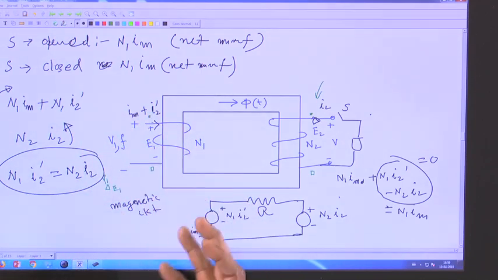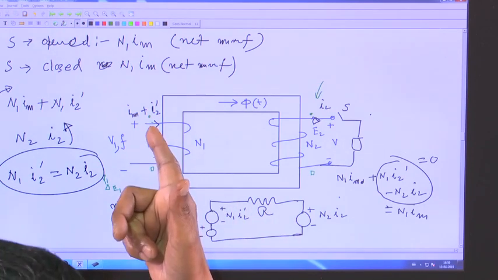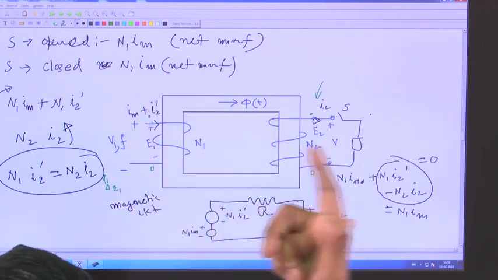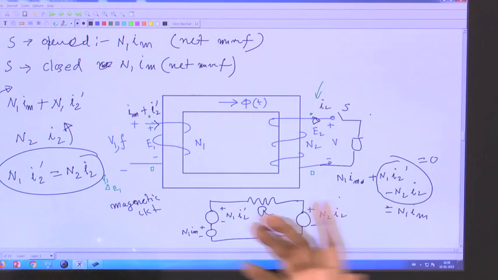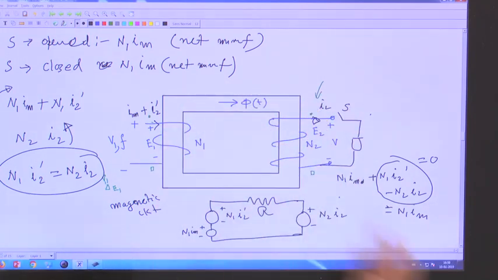You cannot have a circuit where KVL is not satisfied. Therefore, it must be E1, and E1 is root 2 pi f phi max N1. So, phi max cannot change.